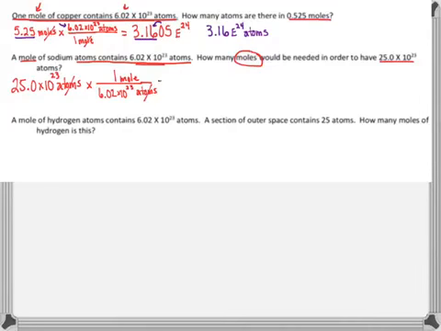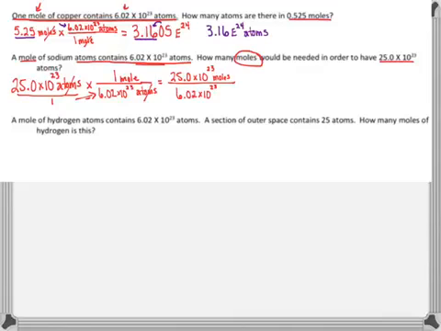If you feel more comfortable multiplying the whole thing first, all the numerators, because remember, this number is always over 1, then I'm going to end up with 25.0 times 10 to the 23rd moles, because that's my surviving unit, over 1 times 6.02 times 10 to the 23rd, which is 6.02 times 10 to the 23rd.